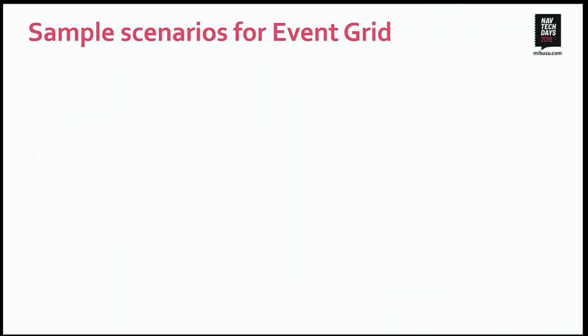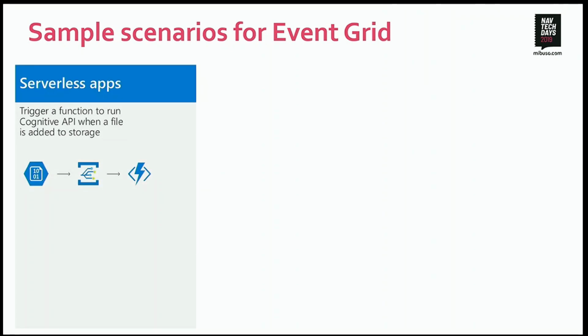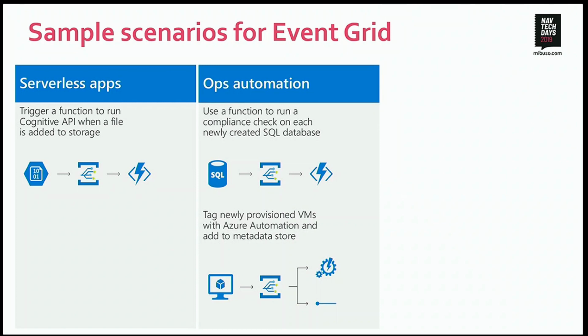So these are a couple of sample scenarios with Event Grid. Say in storage you have a file being created, and now you need to translate it. You can push that event to Event Grid, and Event Grid, with Azure Functions, picks up the file and translates it using Azure Cognitive Services. Another is automation: a SQL database is being created, and now you need to run some pre-validations using Azure Functions.